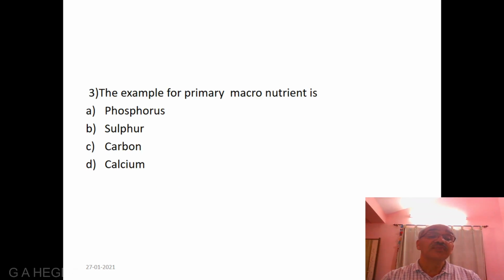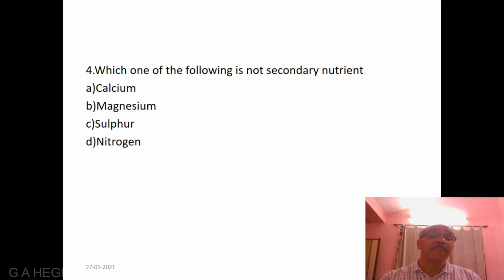Number 3, the example for primary macronutrient is, the correct answer is B, sulfur. The fourth one, which one of the following is not a secondary nutrient? The correct answer is D, nitrogen.